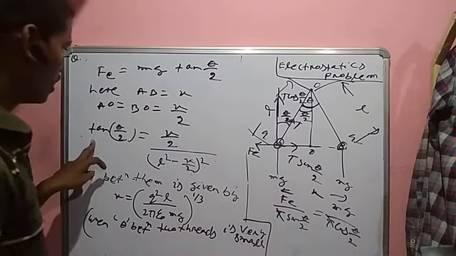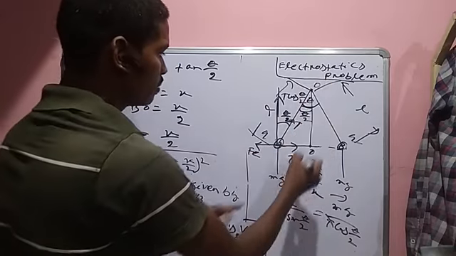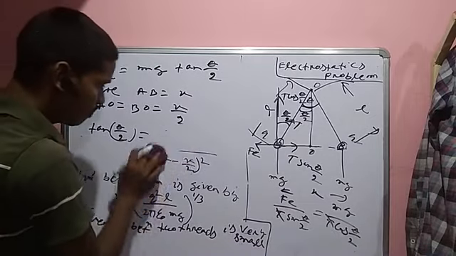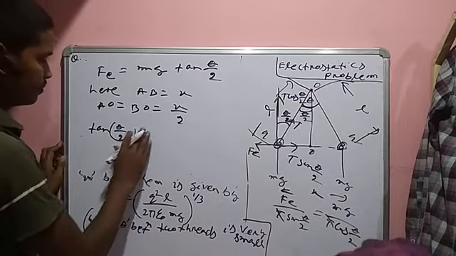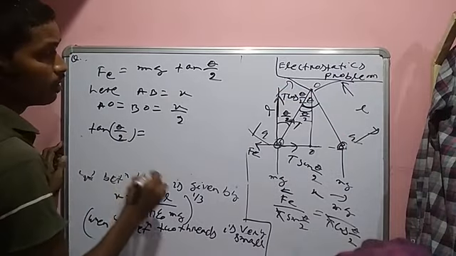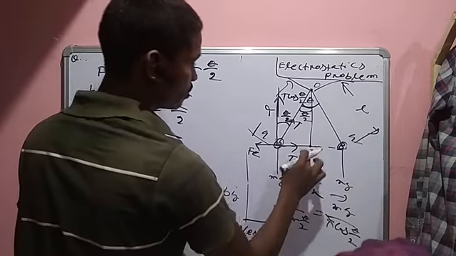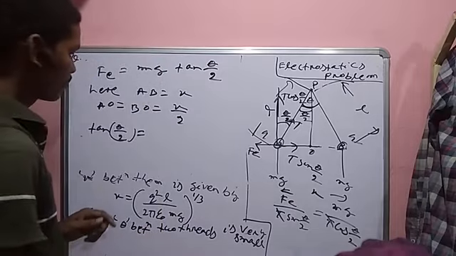So tan theta by 2 is equal to this by this. That means OB. Suppose this is the O, this is the P point. Listen.